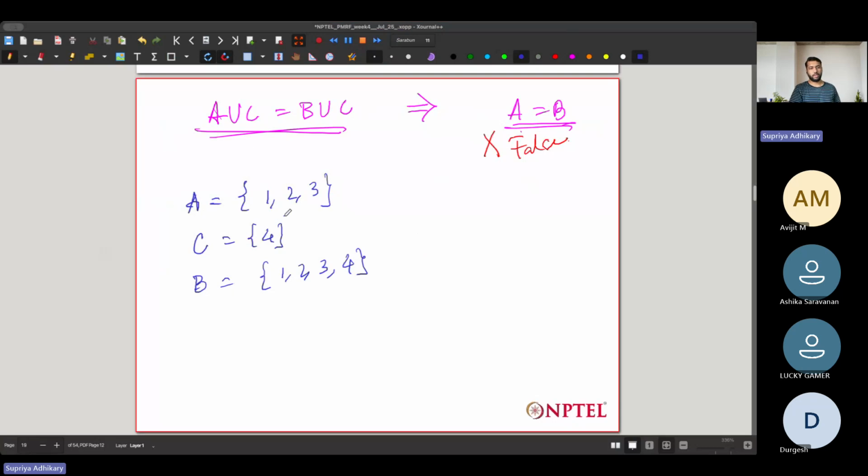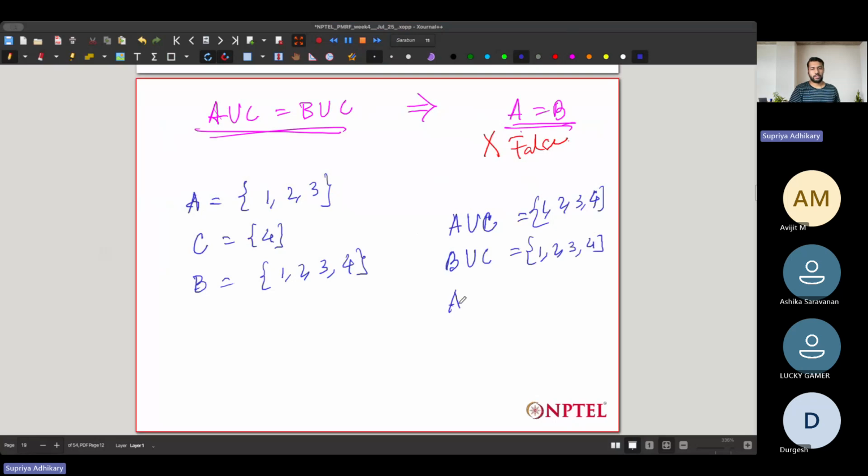For this case, we can say that A union C is equal to {1, 2, 3, 4}. Again, B union C is this set {1, 2, 3, 4}.